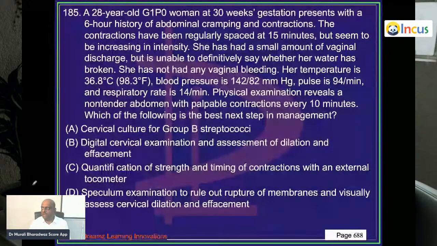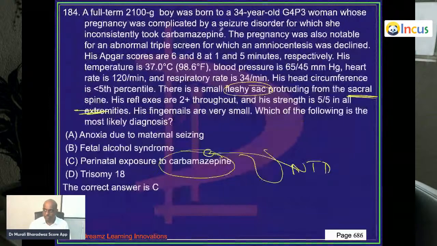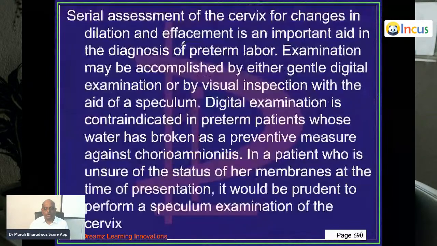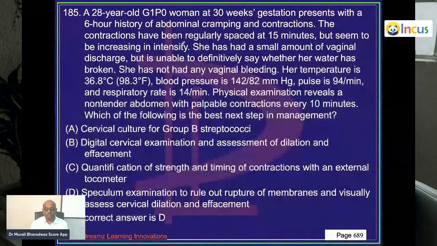28-year-old, 30 weeks gestation, 6 hours history of abdominal cramping, right? And contractions are regularly spaced at 15 minutes, increasing in intensity, non-tender abdomen, right? So what you want to do?